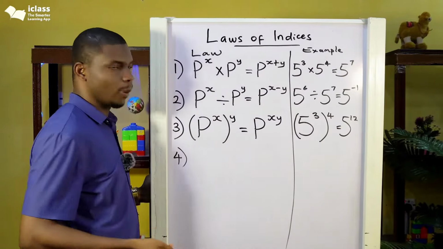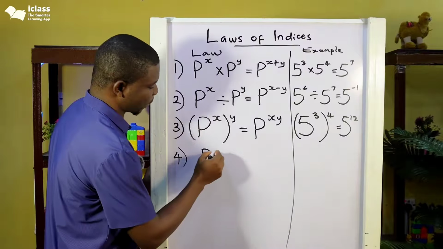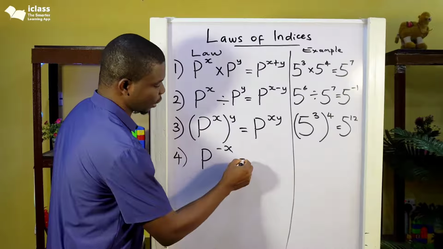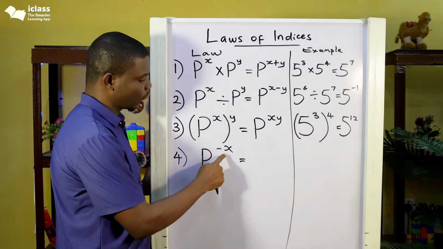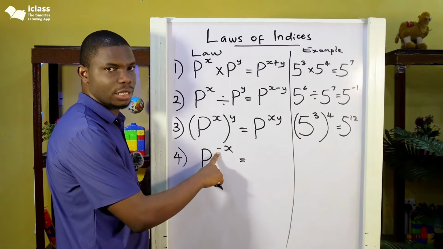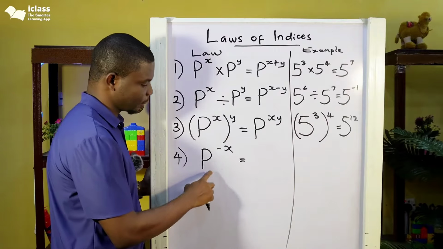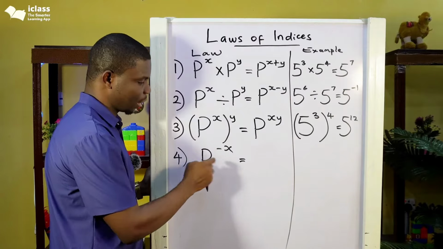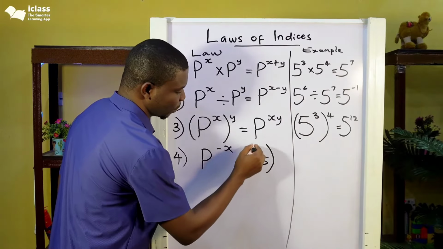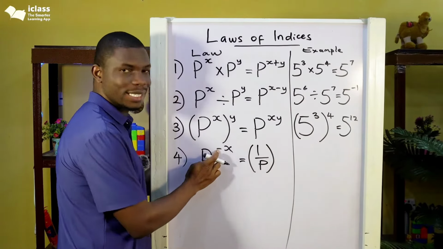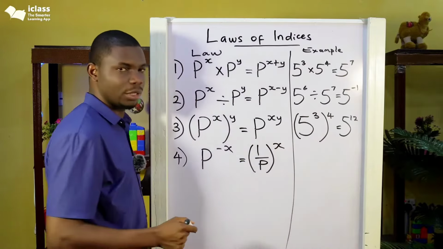The fourth law, if we have p to the power minus x, what will this give us? Now, when you have a negative power, all you need to do to take out this negative from the power is to invert the base of the index. So instead of having p, we invert it as 1 over p. So this will be 1 over p raised to the power x, we can safely remove the negative sign on the power now.